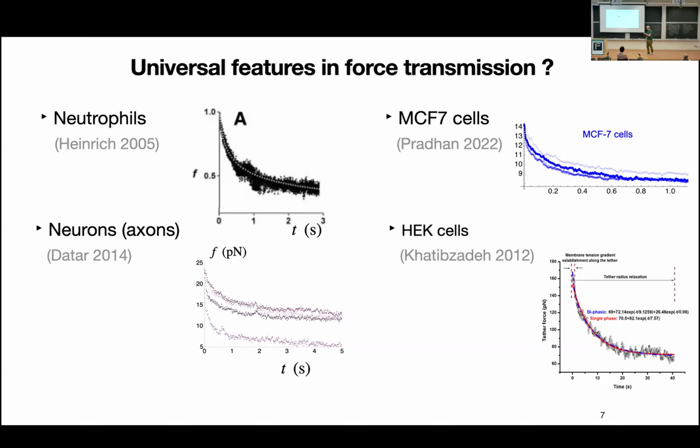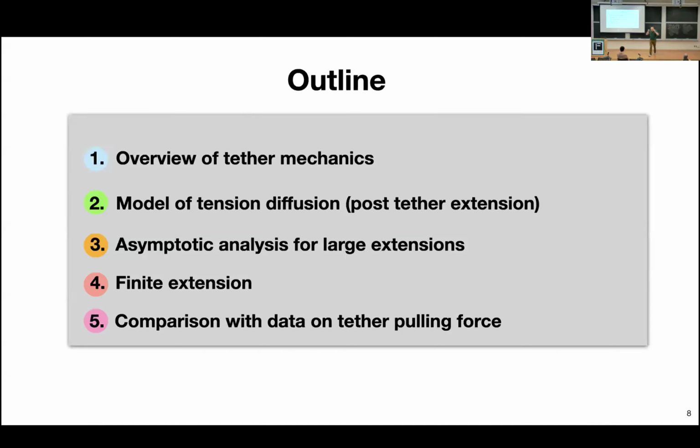Okay, so yeah, this is sort of the goal: can we decipher some physics from these generic looking relaxation curves? And so here's my outline. I'm going to first give a short overview of some classic tether mechanics, by no means a new subject. That'll be more on the static side. I'll talk a bit about a diffusion model of tension to understand the dynamics following these tether extensions.